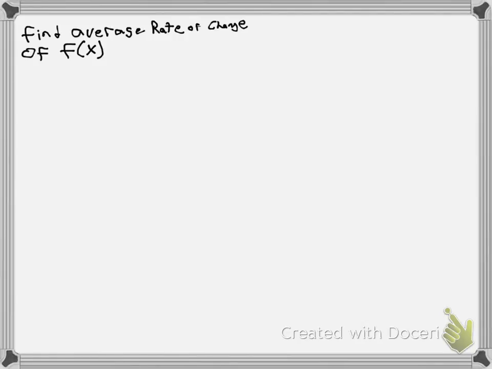And again, when we ask for average rate of change, what are we asking for? The slope. Where now, the average rate of change of a function over some interval is the amount of change divided by the length of the interval.